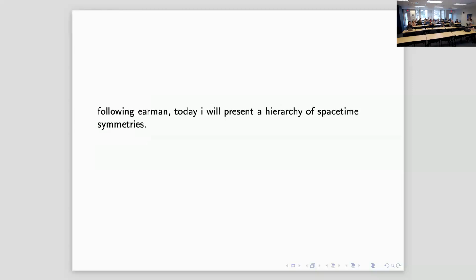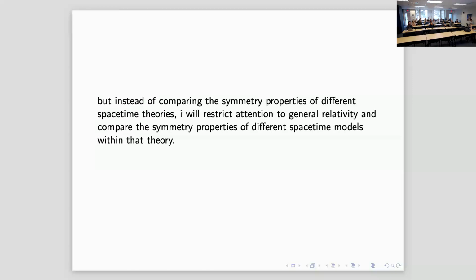Now, following Earman, I'm going to present a hierarchy of spacetime symmetries today. But instead of comparing the symmetry properties of different spacetime theories, I'm going to restrict attention to one theory, general relativity, and explore the symmetry properties of different spacetime models within that theory.